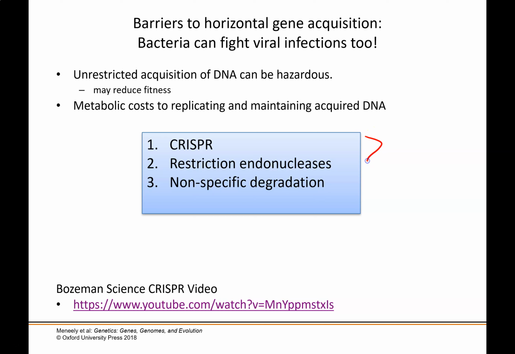But these two, CRISPR and restriction enzymes or restriction endonucleases, are sequence specific. So the cell identifies specific sequences that have entered the bacterial genome and degrades them. There's also non-specific degradation. This is where the cell simply recognizes foreign DNA and breaks it down. So we'll talk about those two different types.